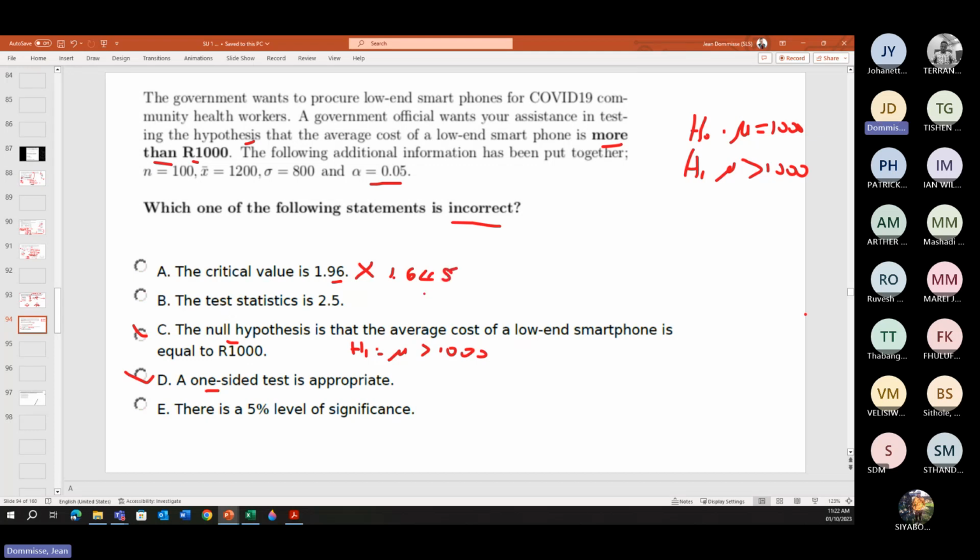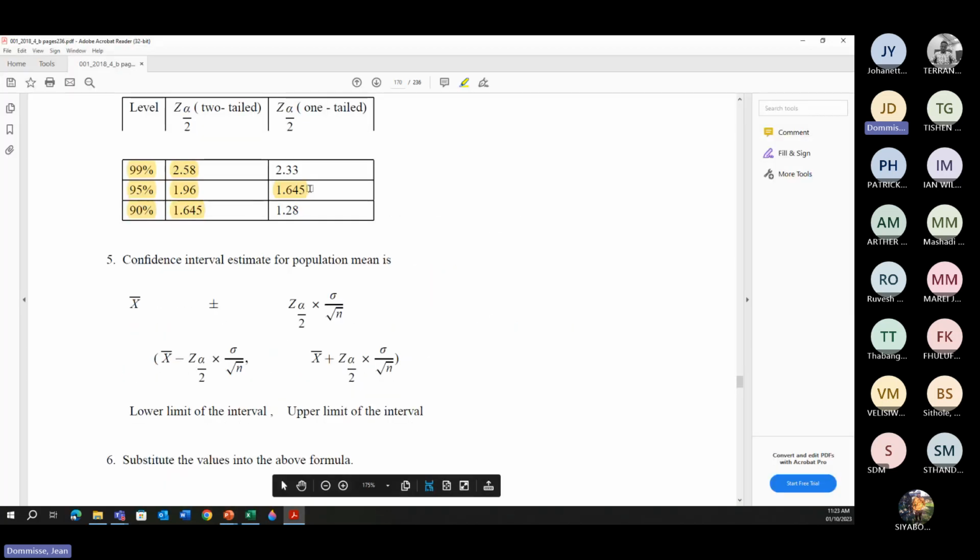And again, with that 95%, it's very easy to make a mistake and say, but John said, look at the table, 95, 1,96. But remember, we're working with a one tail. So yes, look at the table, but remember, with hypothesis testing it's different.